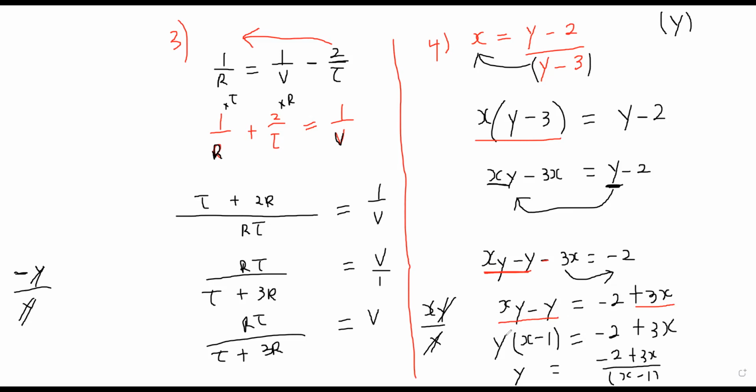So we take out the y, and then we say, y into xy, you're left with x, right? And y into minus y is left with minus 1.